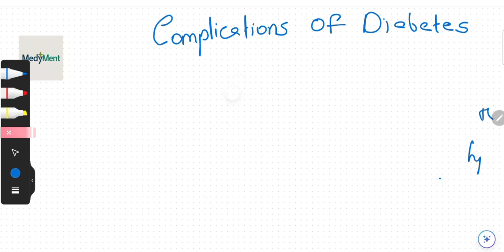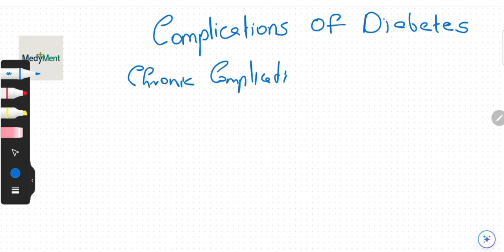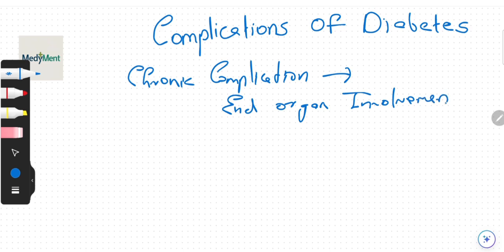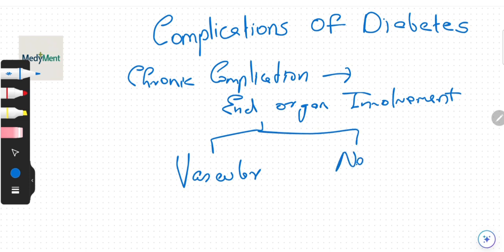Now we talk about the chronic complications. We said that the chronic complications such as end organ involvement could be vascular causes and neurological causes.